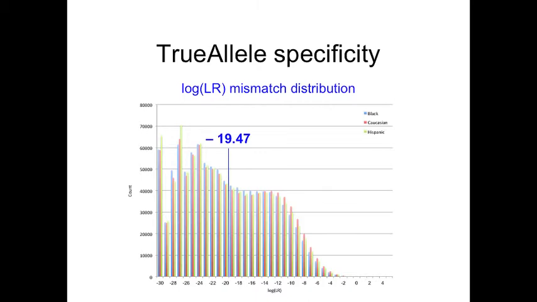So unlike the CPI method, which can only include people, it's called the probability of inclusion, likelihood ratio methods like TrueAllele can both include with numbers to the right and exclude and show that somebody's not present in DNA evidence, or at least there's no scientific support for it, with numbers that go as 1 over 1 million, 1 over 1 trillion. In this case, negative 19.